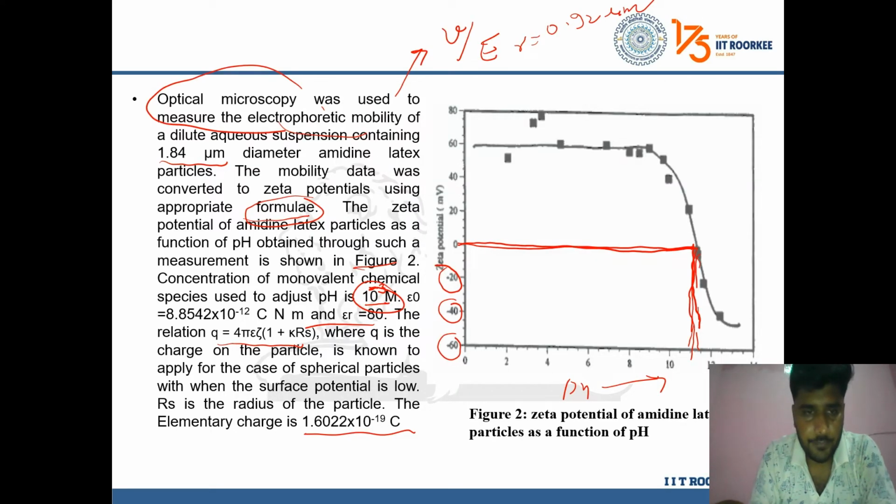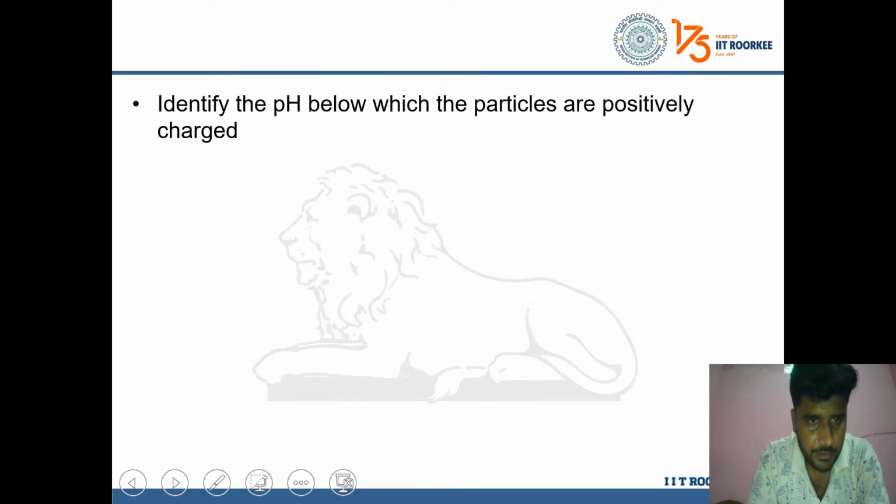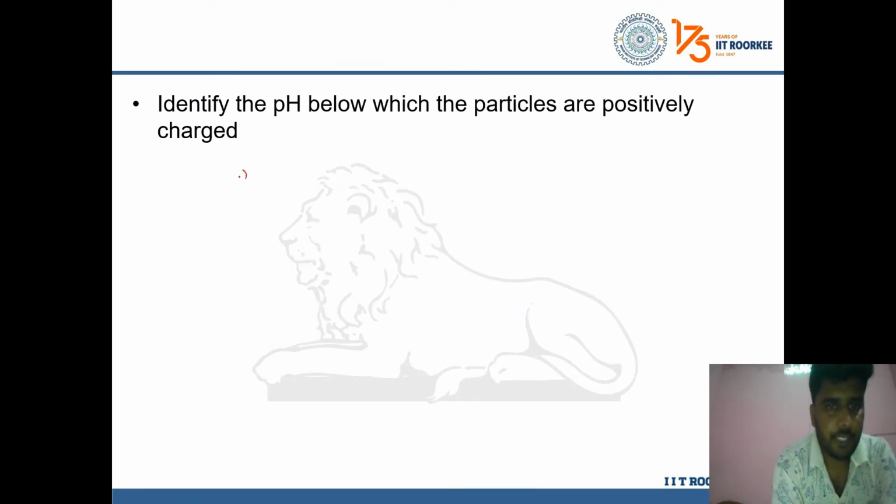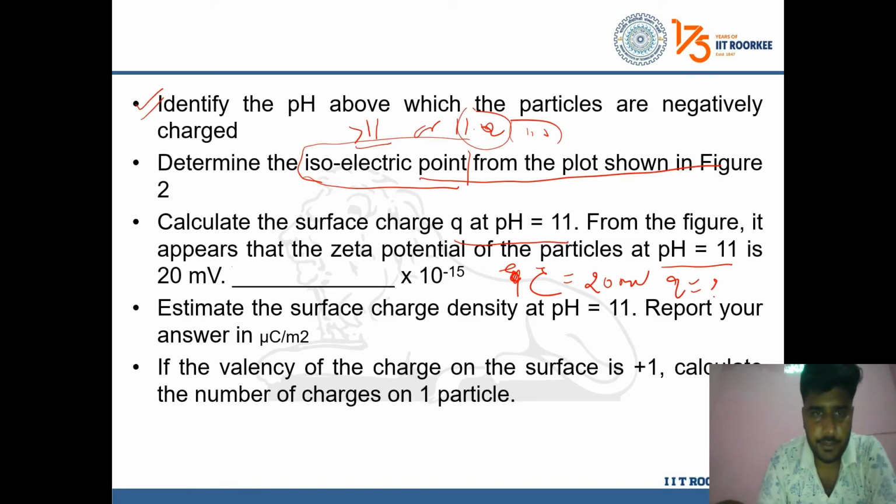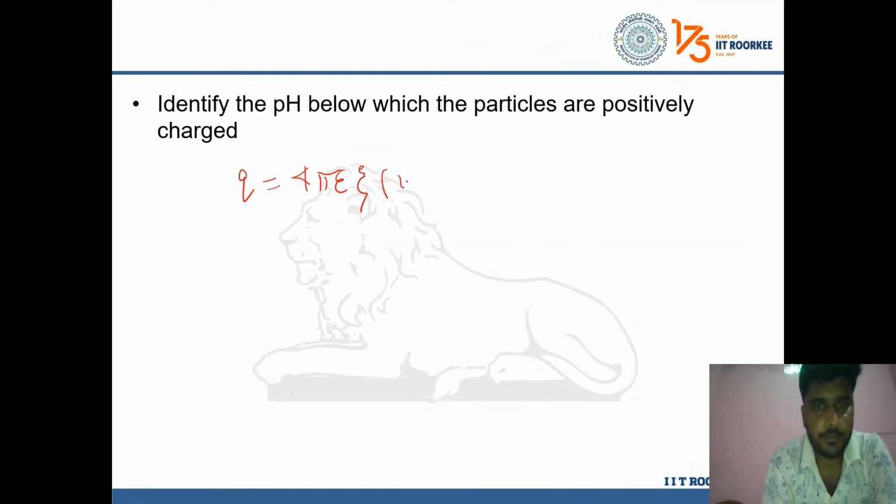If you see here, the relation is provided to you. Let me write here: Q equals 4 pi epsilon zeta, times 1 plus kappa Rs.